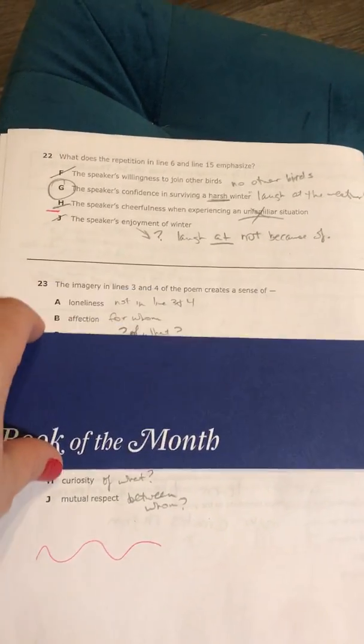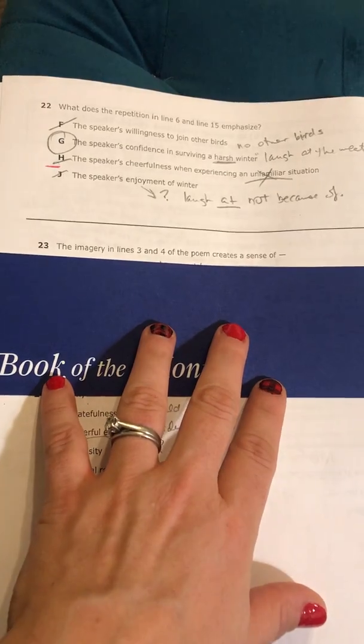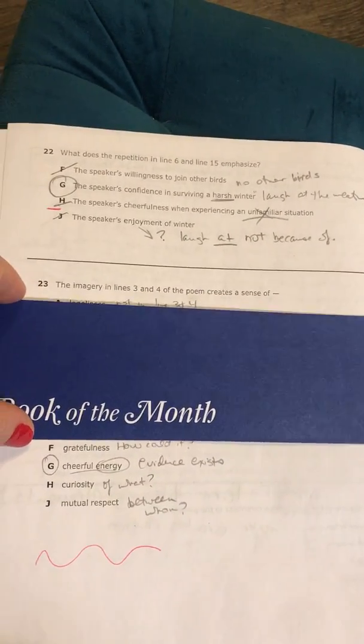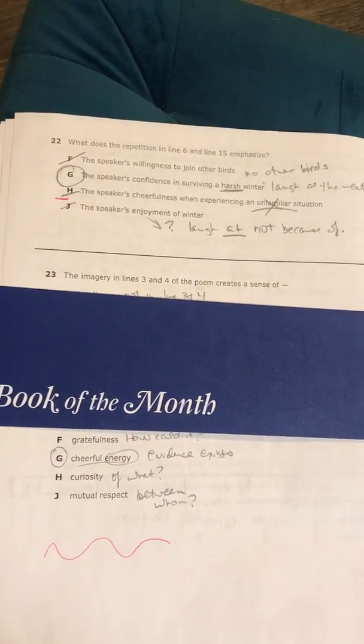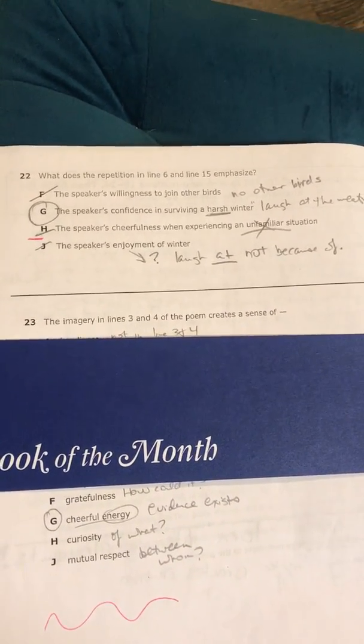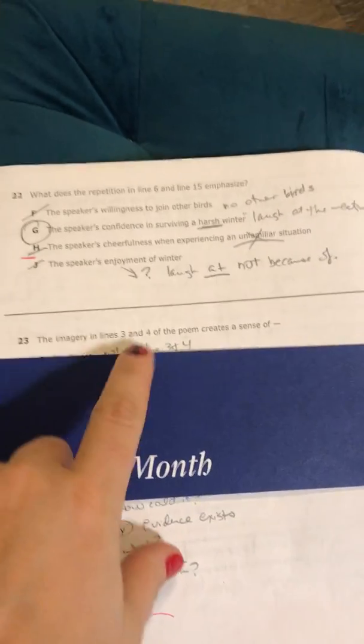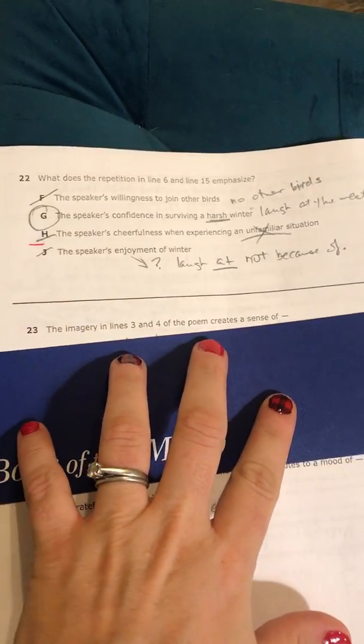Number 23. The imagery in lines 3 and 4 of the poem creates a sense of. Imagery is when we can picture things in our mind. We use the 5 senses, sight, sound, all of those things. It's what comes alive for us as a reader.